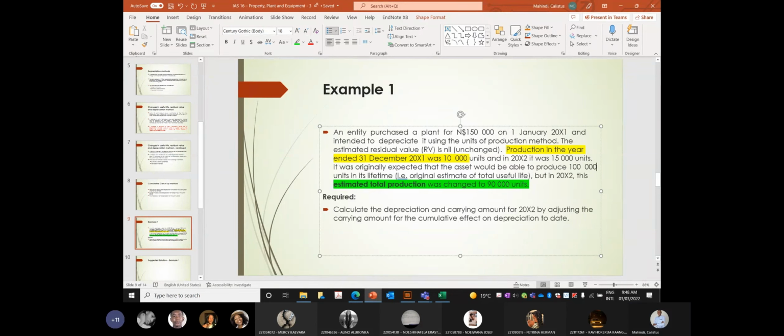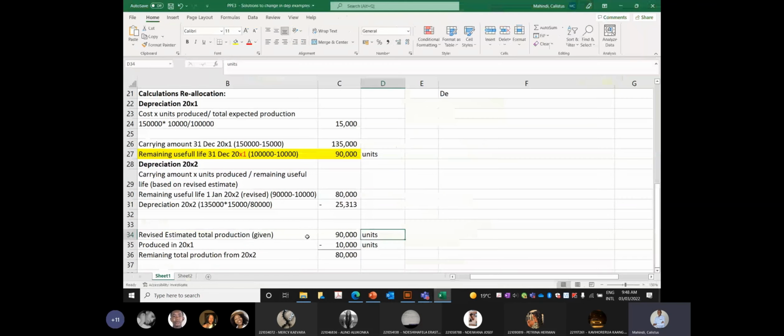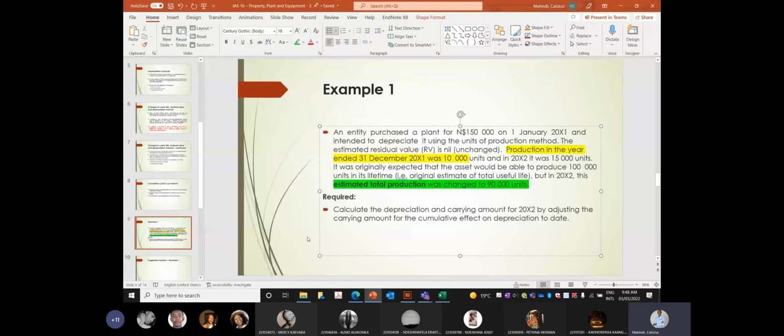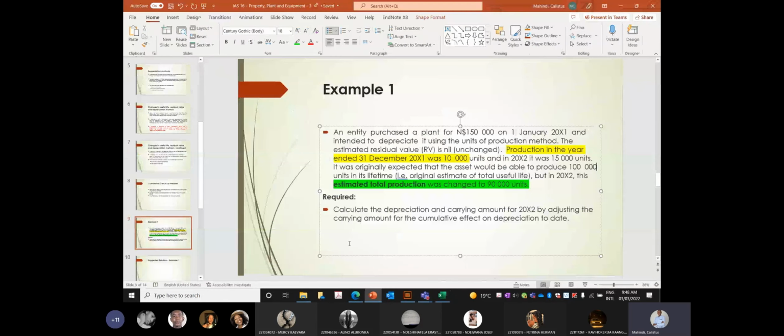But if the revised estimated total production is 90,000 units, and we have already produced 10,000 units in 20X1, highlighted in yellow, production in the year ended 31 December 20X1 was 10,000 units. So what would be the remaining total production from 20X2 onwards?